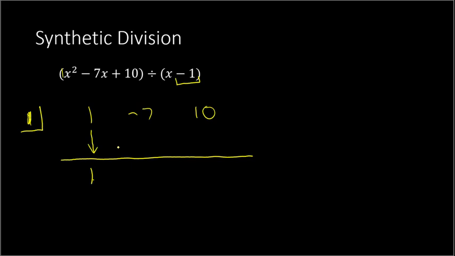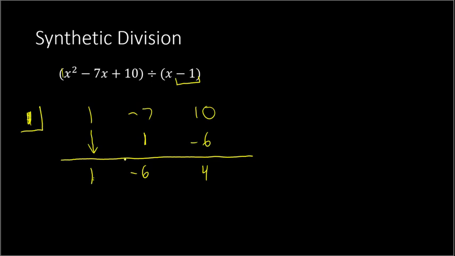So from here it's just going to be a process of multiplying and adding, multiplying and adding, multiplying and adding. So we take 1 and multiply it with 1. We write that right here, and then we add. Negative 7 plus 1 gives you negative 6. And then repeat again. This 1 over here you multiply with negative 6, and that gives you negative 6, and then you add. 10 plus negative 6 is positive 4.